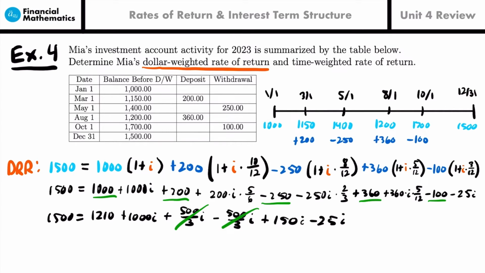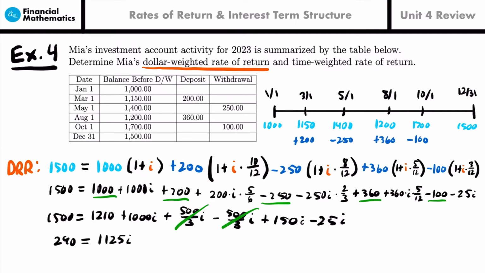Okay, so now what I want to do is combine all of our like terms that have I, and then I'm going to subtract this constant value from both sides of the equation. So if we subtract that from 1,500, we will get 290, and that will be equal to 1,000I plus 150I minus 25I. 150 minus 25 is 125, so if we add that to 1,000, you get 1,125 times I.